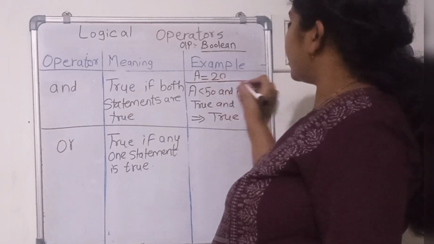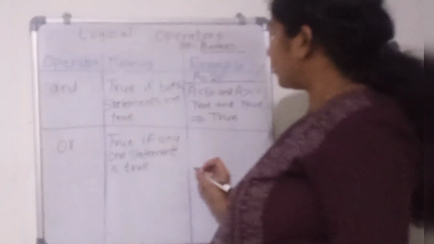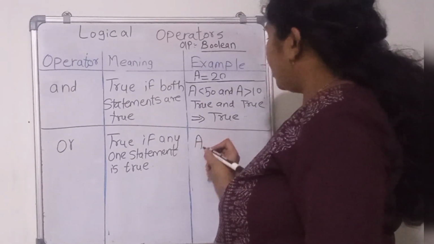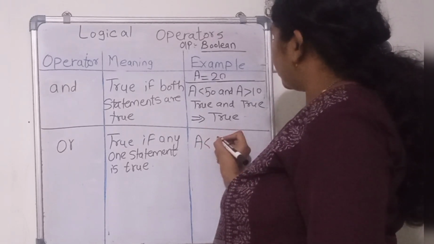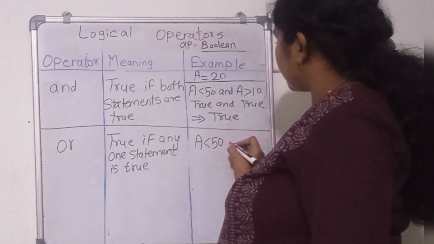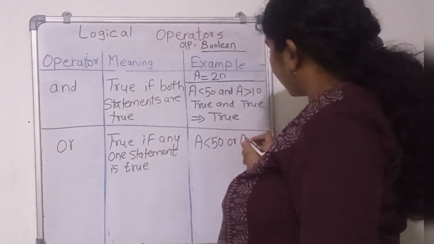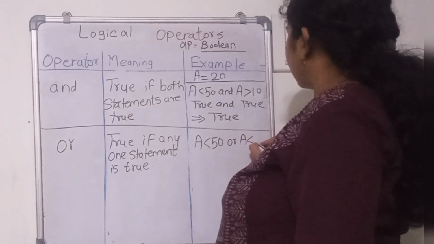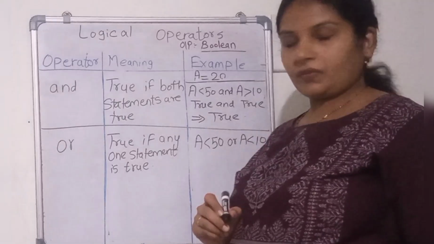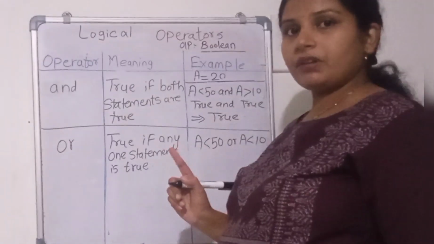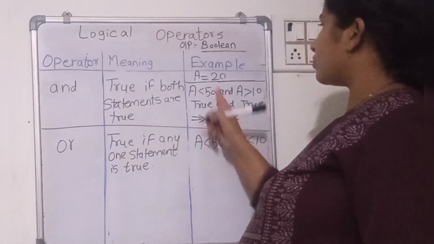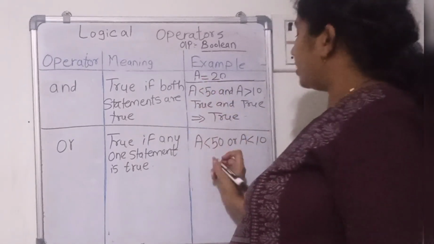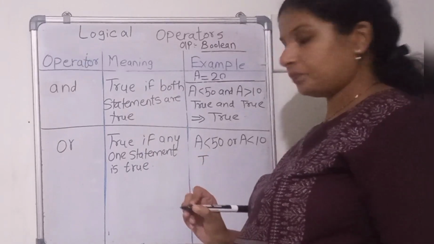So we will take the same value, a is equal to 20, and here first I am taking the value a is less than 50 or a is less than 10. These both statements we have combined, we are checking the result of both statements. A is less than 50, a is equal to 20. So this condition is true.